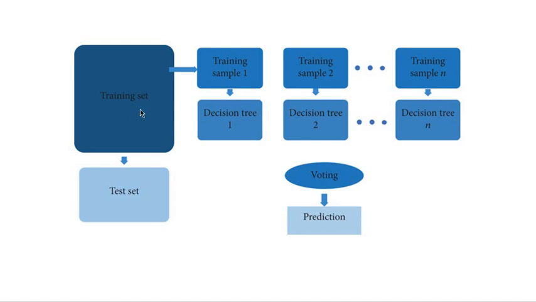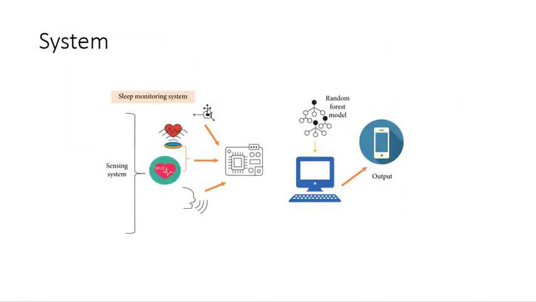Now we have to take the training set data and train on the sample data, and we have to get decision tree 1. Now let's say what is our decision tree 1. In decision tree 1, we have taken the movement. We know that at night, if a person is moving a lot, then there is some activity that is wrong for the sleep cycles.